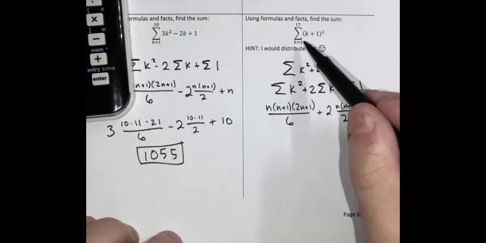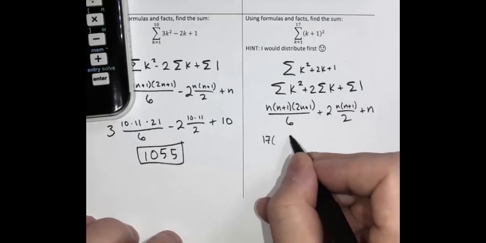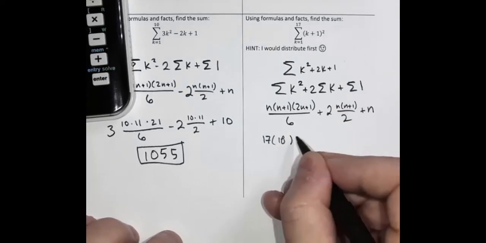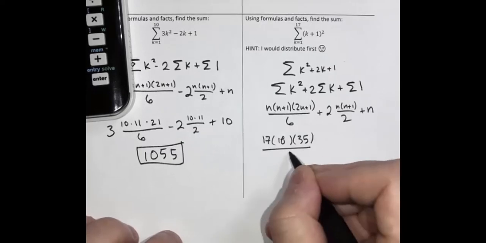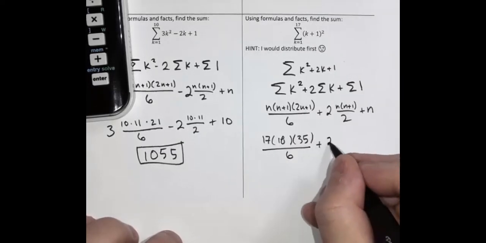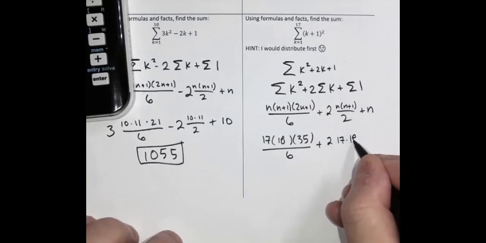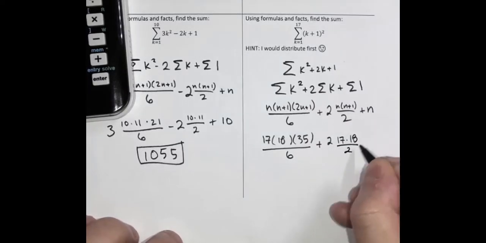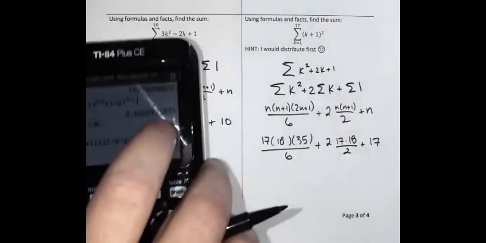In this case, we're summing from 1 to 17, so this will be evaluated at 17. 17 plus 1 is 18. That would be 34 plus 1 is 35 over 6 plus 2 times, again with the 17, 17 times 18 over 2, and then plus the simple little 17 at the end.